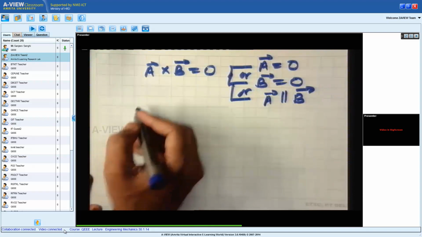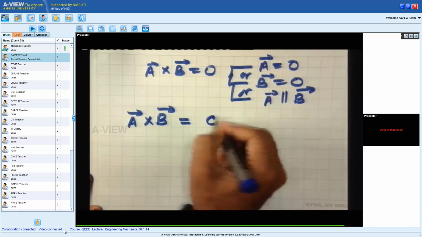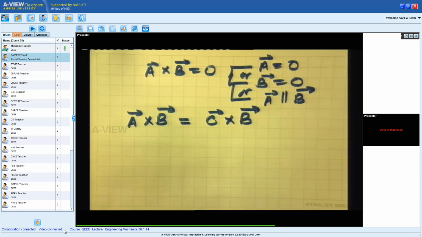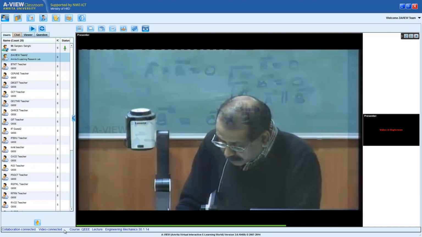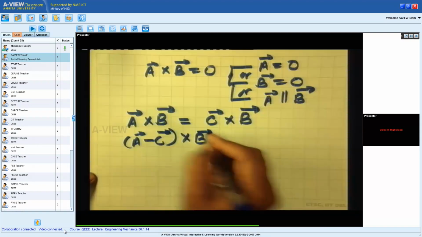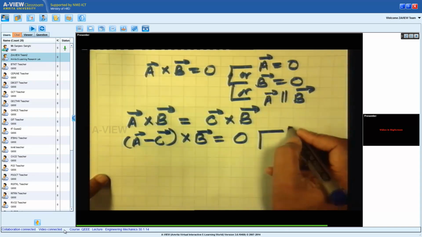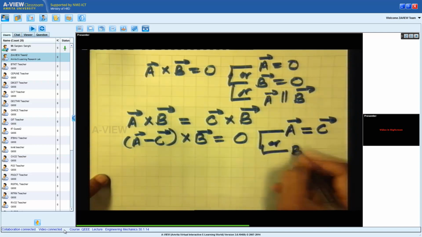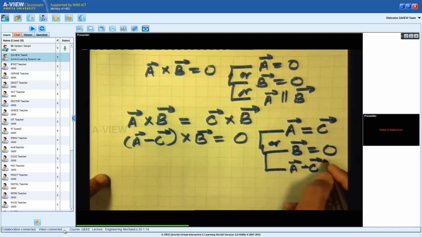But again as before, if I have three vectors, and I have A cross B is equal to C cross B, if only this statement is given to me, then I can write this as A minus C cross B is equal to 0, and then going from the earlier statements, it is either vector A is equal to vector C, or vector B is equal to 0, or A minus C is parallel to B.